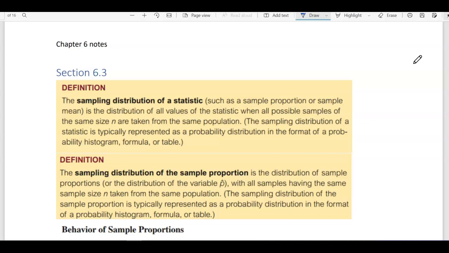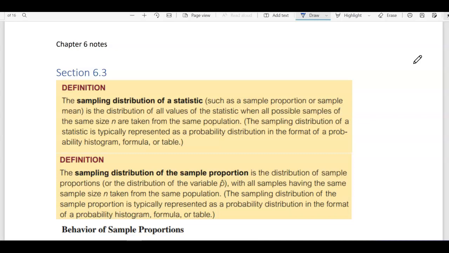So in this section, we are going to look at sampling distributions of a statistic. And our goal is to figure out which sample statistics we can use to estimate a population parameter. We know in the real world it's unlikely that we can collect data from every item in a population.